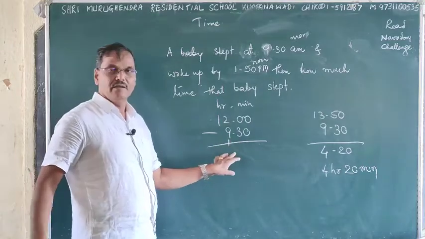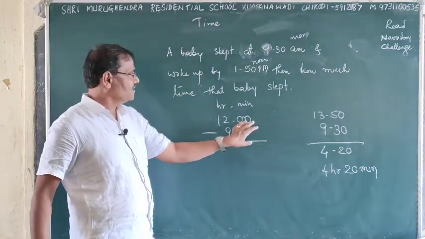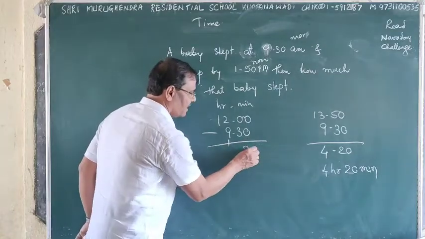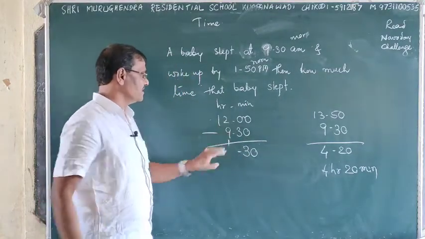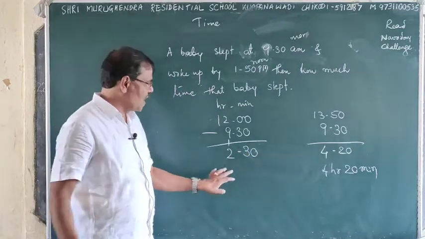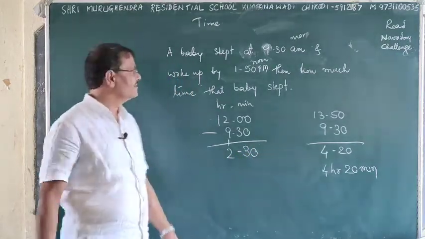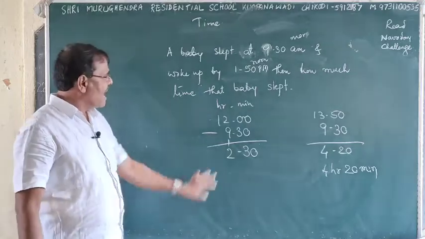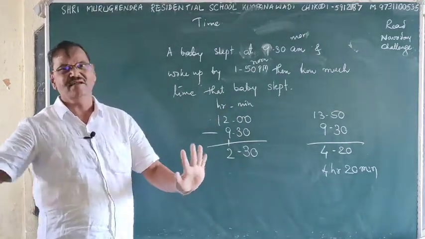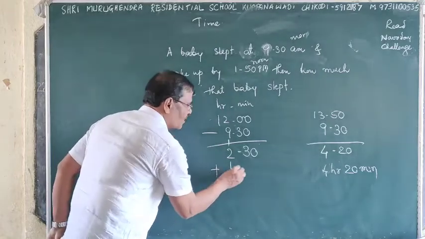And 1 hour you have to take. 1 hour is 60 minutes. 60 minutes minus 30 is 30. And 12 minus 10 is 2. 2 hours 30 minutes it is. Then after 12, directly 1:50 hours it slept. So add that 1:50.